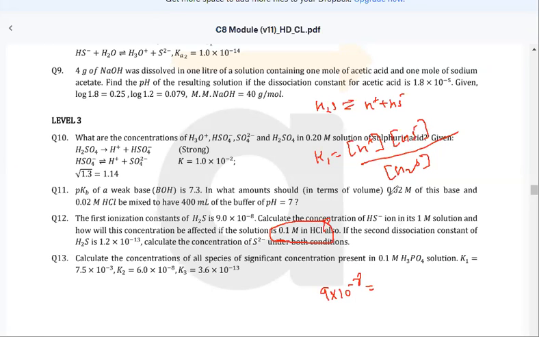It's equal to concentration of H plus, which is 0.1, into concentration of HS minus that you have to calculate, divided by 1 molar concentration of H2S. So the HS minus concentration is easy. Yes or no? First part clear?